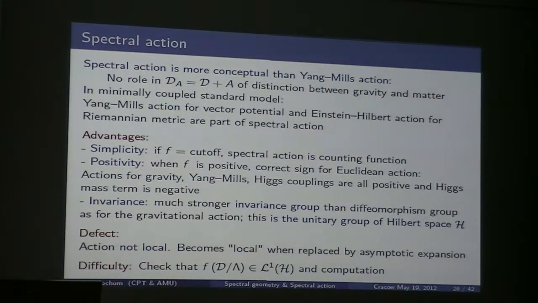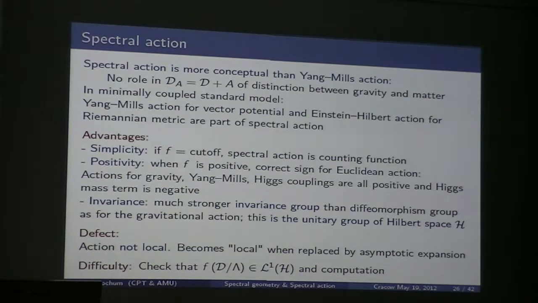This is why it is more interesting to work with the spectral action. For instance, in any minimally coupled standard model, you can prove that the Yang-Mills action for the vector potential and the Einstein-Hilbert action for the Riemannian metric are part of the spectral action. So everything here is contained in the spectral action.